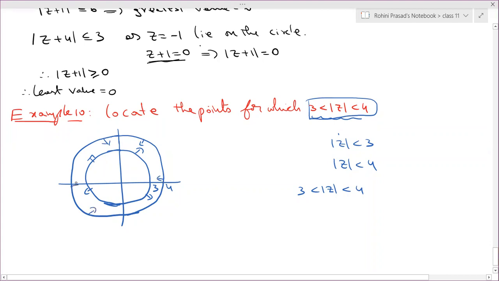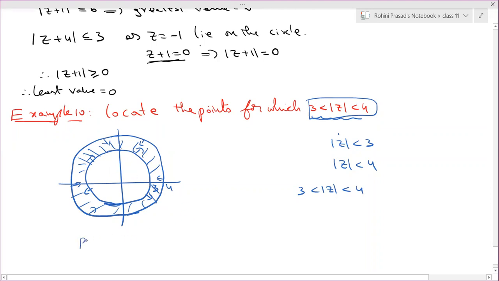So basically, this ring is the locus of this point. So we can say that the points are in this ring. The points are in the middle, at that distance from the origin.